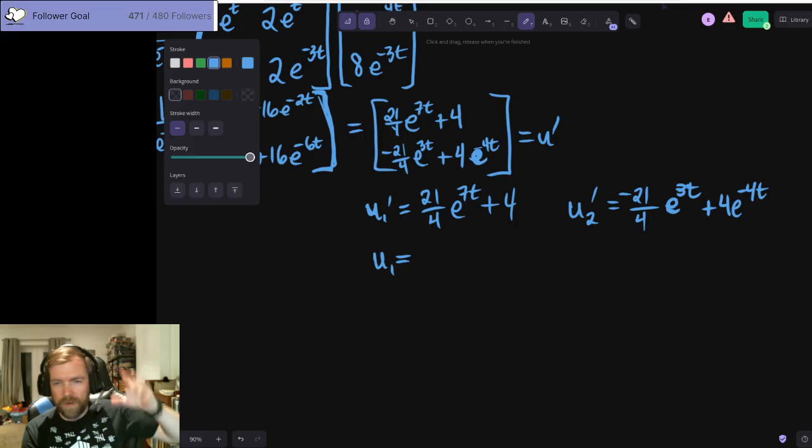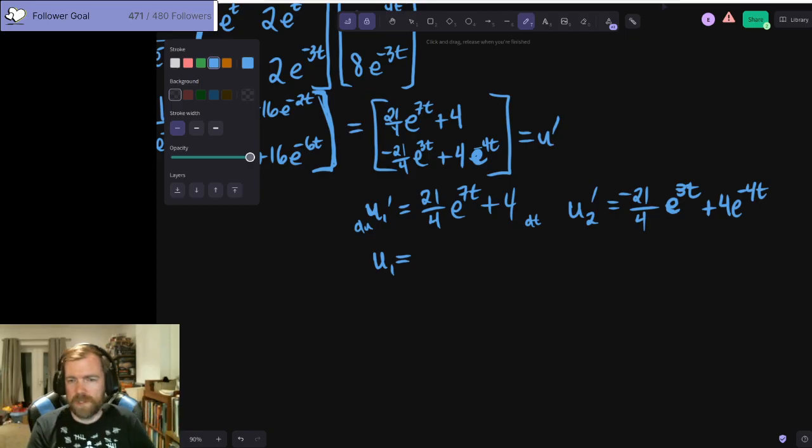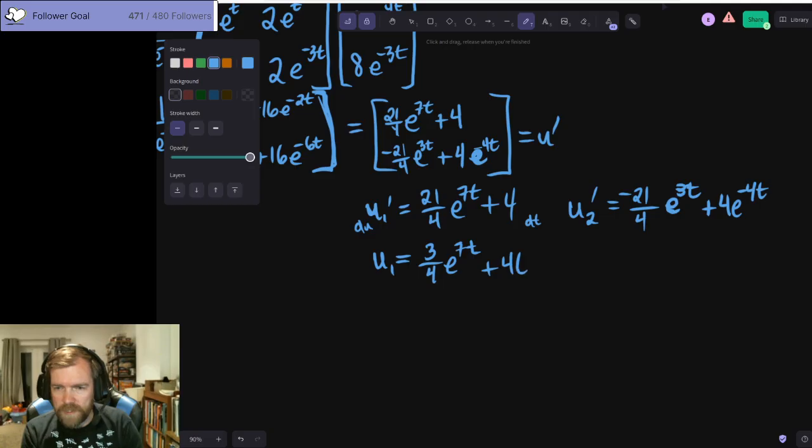All right, so for u1, we take the antiderivative of everything that's here. We can also say this is again du is equal to this stuff dt, if we really wanted to, take the integral of both sides. So we end up with 21 fourths. We divide by 7, or take the 7 that's already part of 21 and absorb it into the dt for that term. So we end up with a 3 fourths e to the 7t plus 4t.